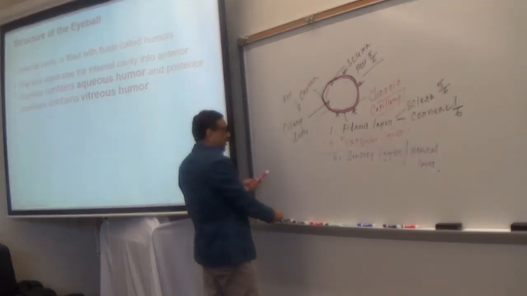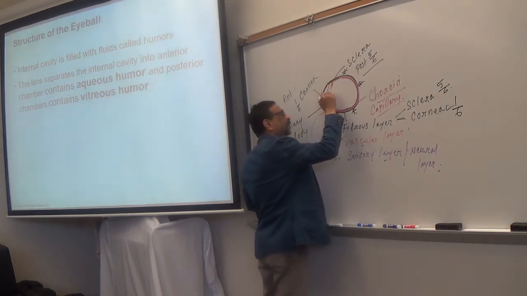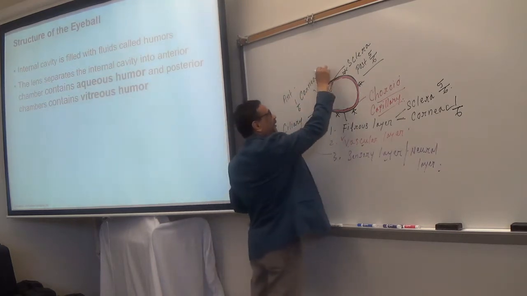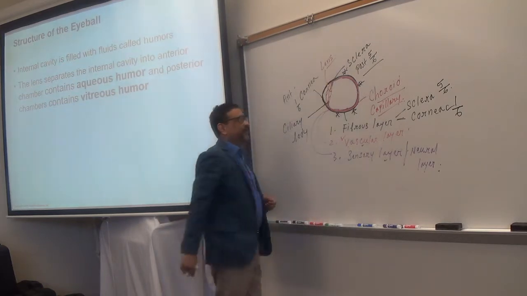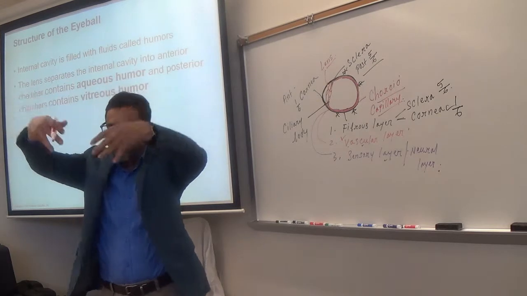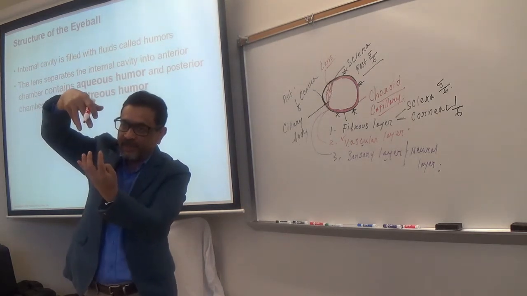And then from ciliary body, suspensory ligaments, thin ligaments, arise and get attached to the lens. Okay, so this is the lens of the eye. So you see, from ciliary body, suspensory ligaments arise and hold the lens in right location there.